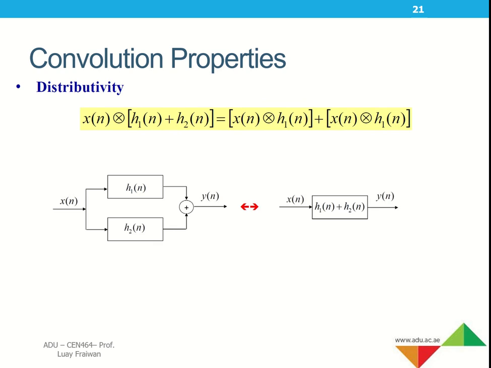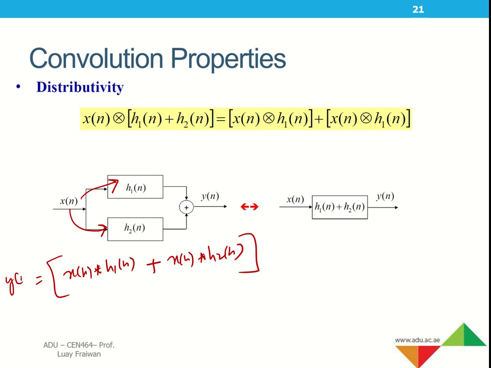And then for the distributive property, if you have a summation, the first way is you convolve x of n with h1 of n and x of n with h2 of n, and then you add them. That will be your result.